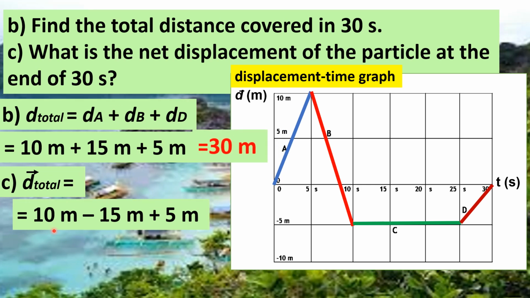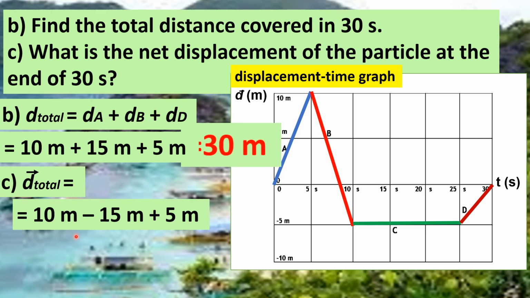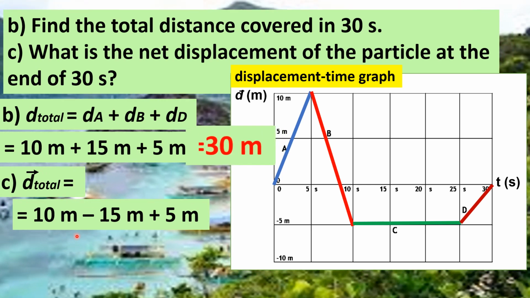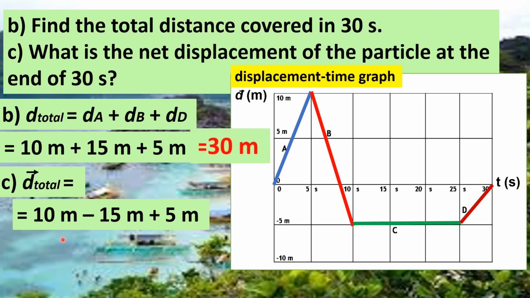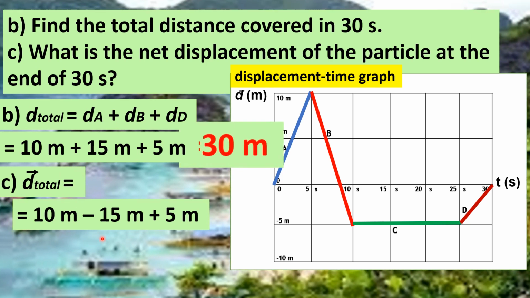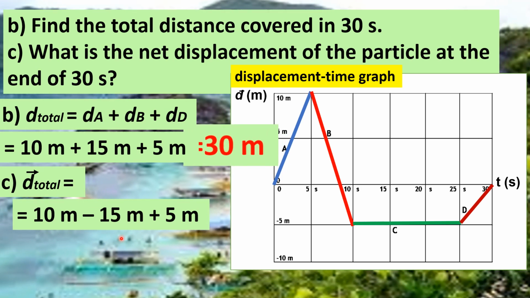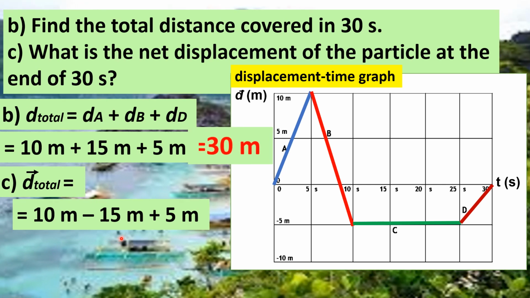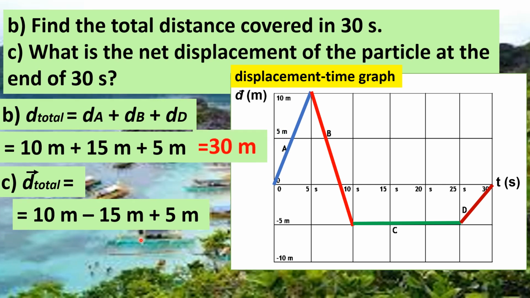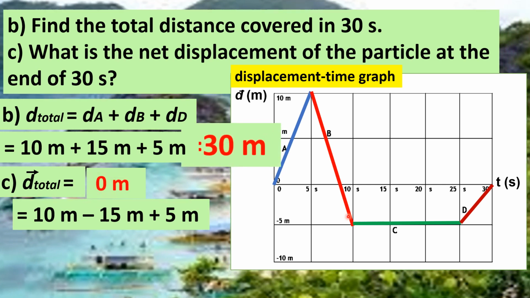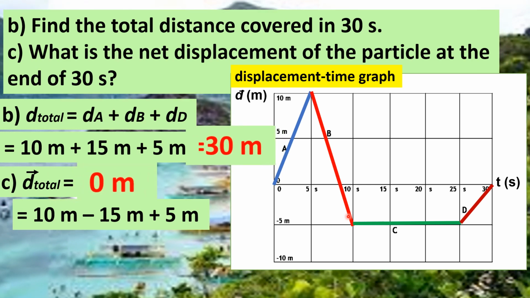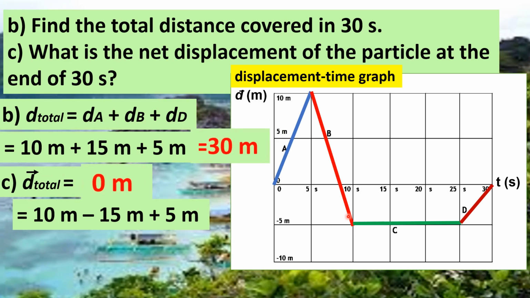And then for segment B, that's a net displacement of negative 15, so we have here minus 15 meters. And lastly, for segment D, that is a displacement of positive 5 meters. So for a total of 0 net displacement.